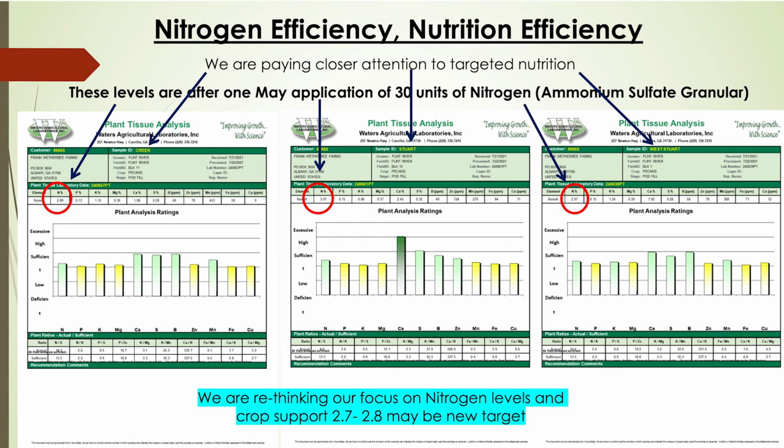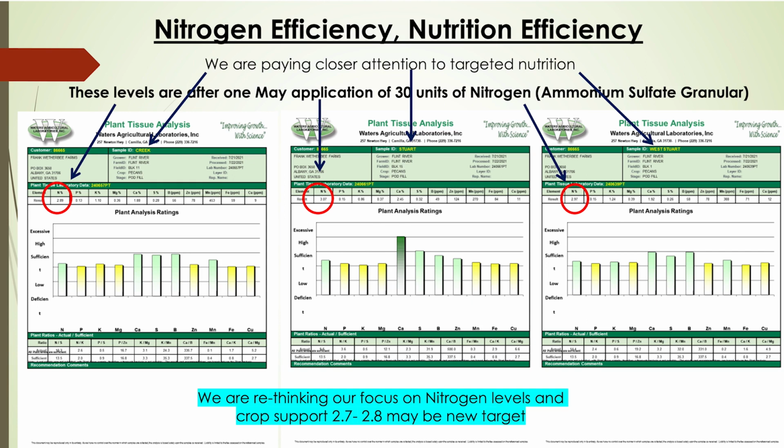Now I want to talk a little bit about nitrogen efficiency. These are tissue analysis. We're paying a lot closer attention to targeted nutrition, nitrogen being one of them, and how efficient uptake is of nitrogen.